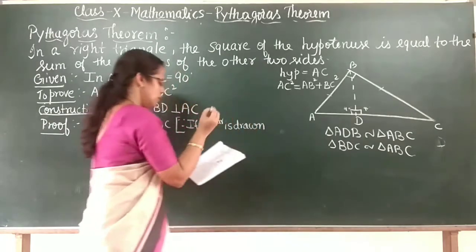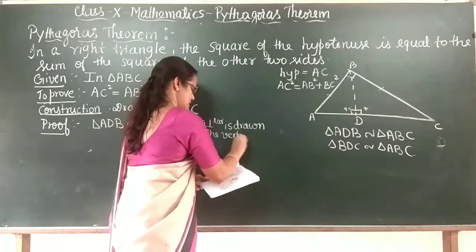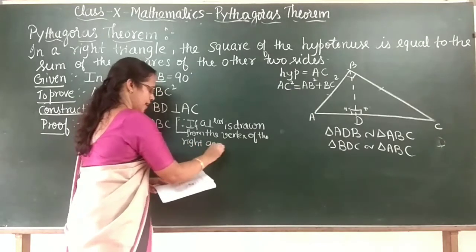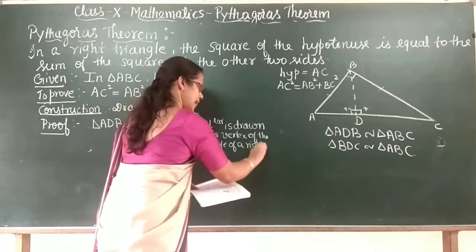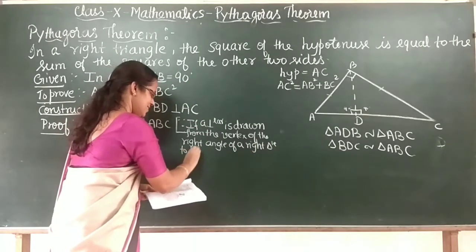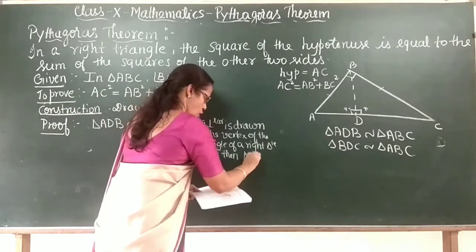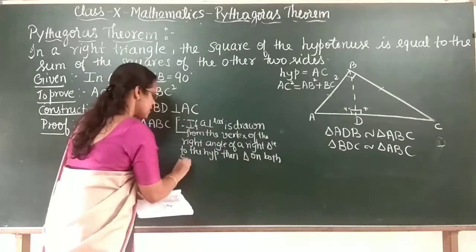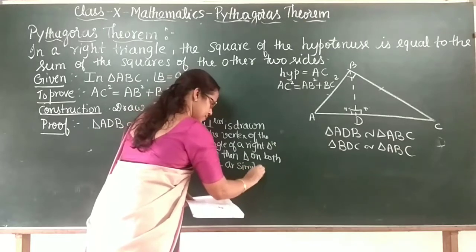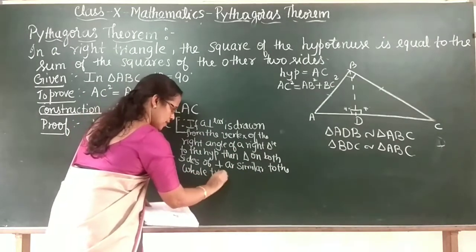If a perpendicular is drawn from the vertex of the right angle of a right triangle to the hypotenuse, then the triangles on both sides of the perpendicular are similar to the whole triangle.